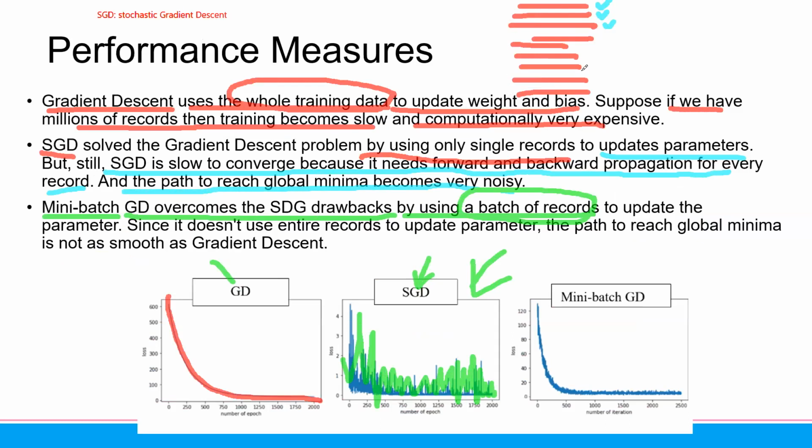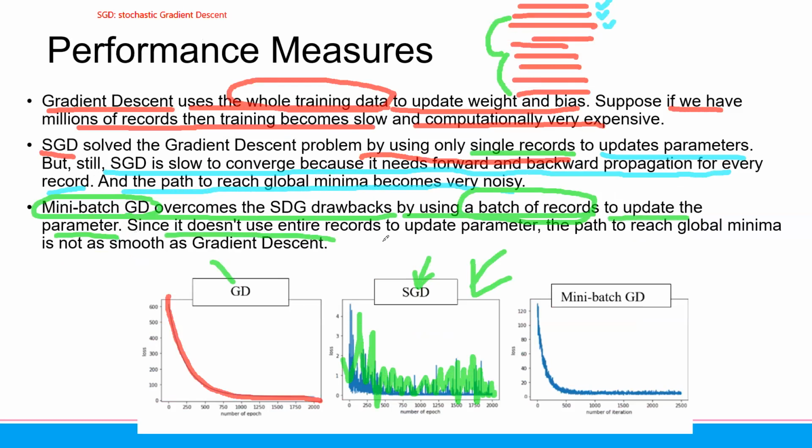So if the SGD is only using one single record, the mini-batch GD will use several records. So it will use maybe 4 records, 5 records, and so on. Okay. So not only a single one, but we use several records at once, and it will be used to update the parameters.